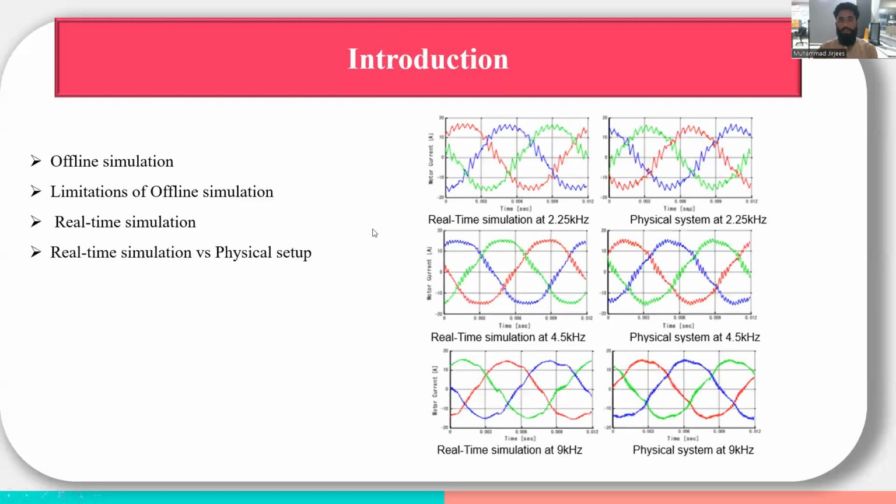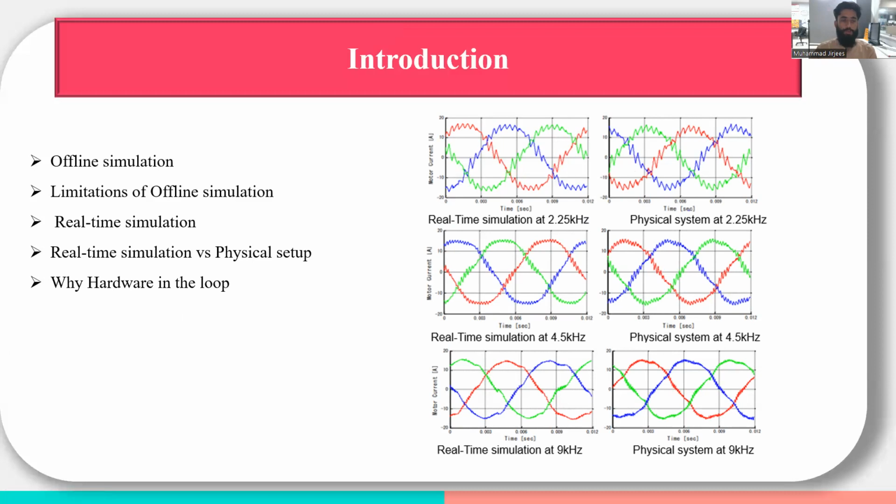So here is an example which has been taken from a motor current, and it was given in a research paper. The real-time simulation and the physical setup at different frequencies can be observed to be nearly close to each other, representing the real-world solution.